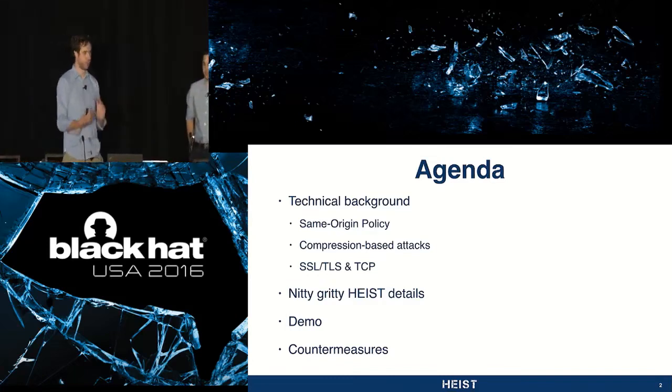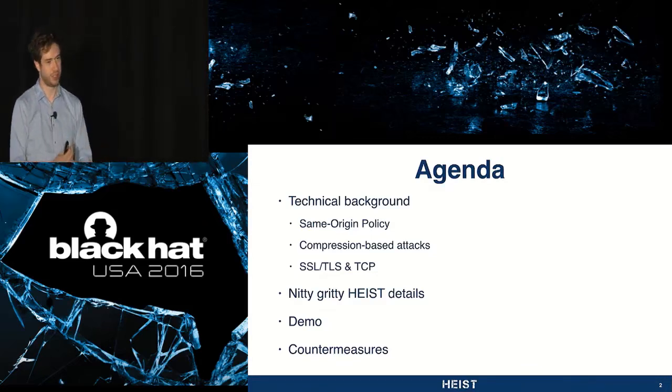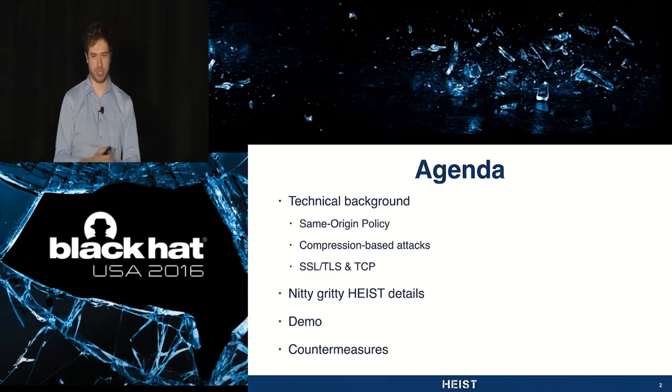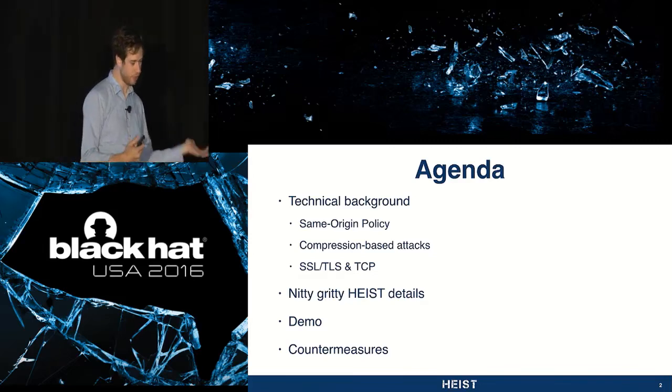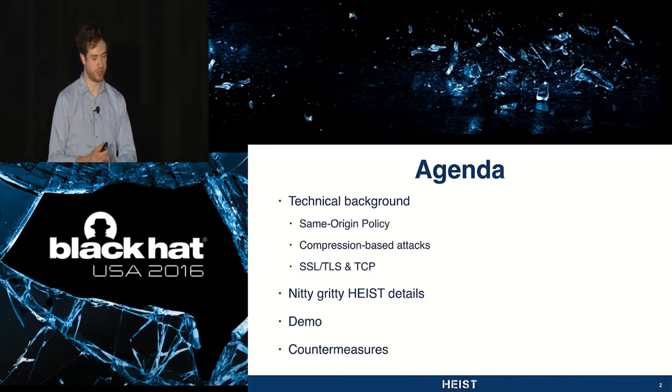So these are the main building blocks of what becomes HEIST. Then we will discuss the details of this attack. And of course, this wouldn't be a proper Black Hat presentation if it didn't contain a nice demonstration. And in the end of the talk, we will briefly touch upon the countermeasures that can be used to prevent this attack.